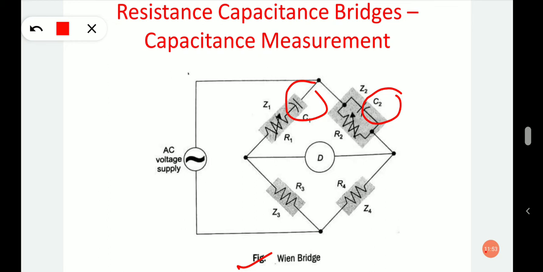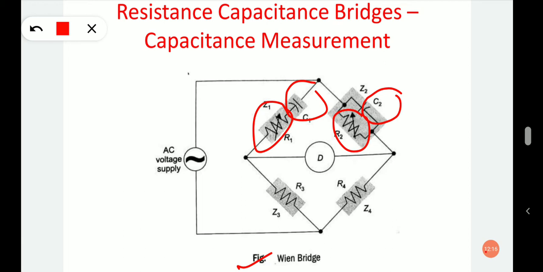However, R1 and R2, both variable resistors, are used and adjusted in order to attain the balance of the bridge. The controls of these resistances are usually connected mechanically such that they can be adjusted simultaneously.